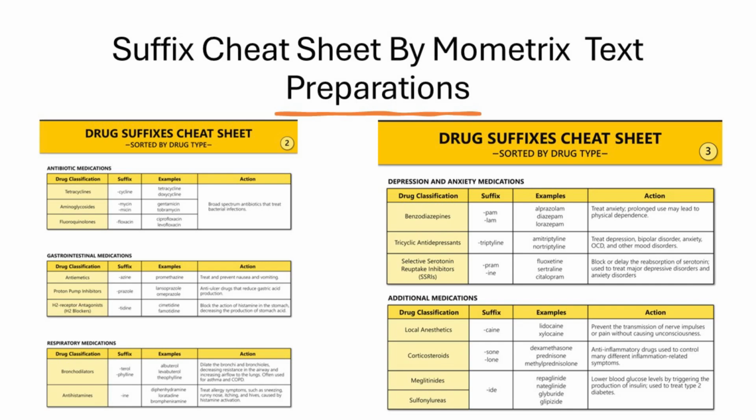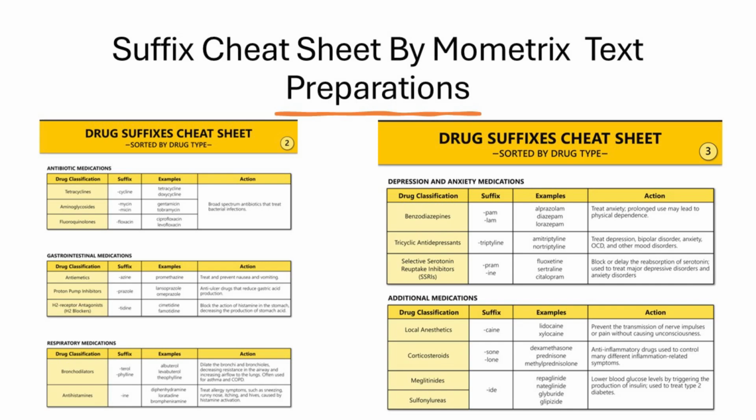Not on the list you see in front of you is thrombolytic medications. These thrombolytic medications are used to dissolve blood clots, and they usually end in ase. Don't forget your thyroid hormone medications.